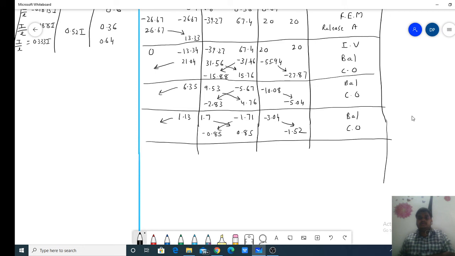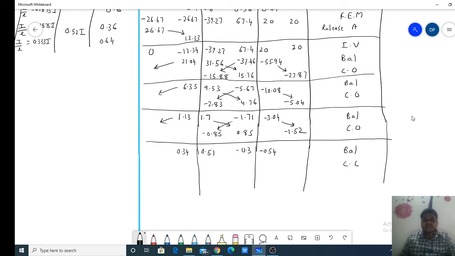So if I am doing the next balance, so minus 0.85, change the sign, it comes out to be 0.85, multiply with 0.4, so this comes out to be 0.34, then this comes out to be 0.51, right, and this when you are multiplying, so this comes out to be minus 0.3, and then minus 0.54.